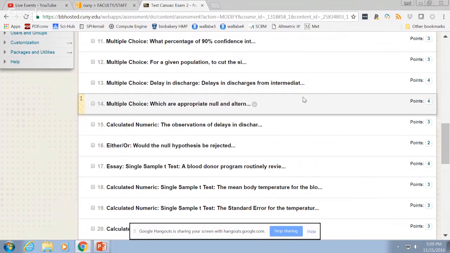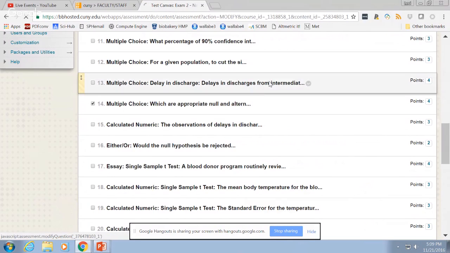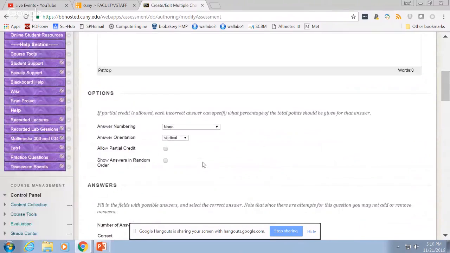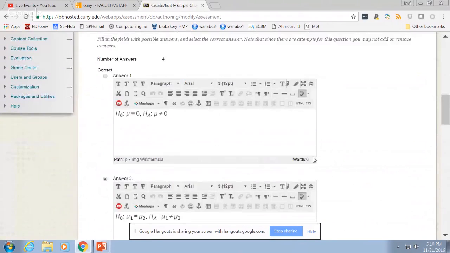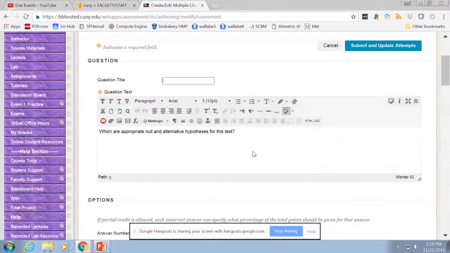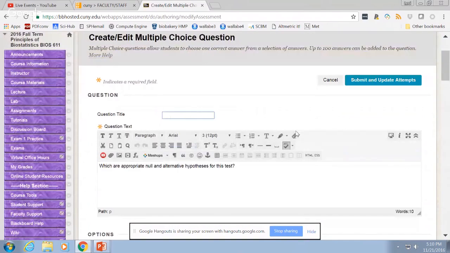Let's see. So here is an example, except that I can't see the multiple things here.